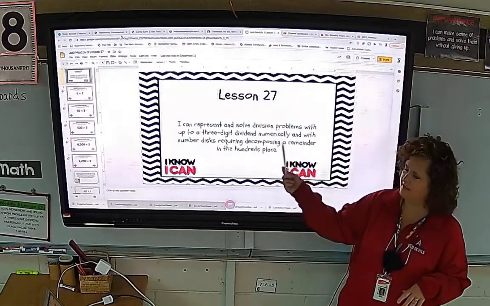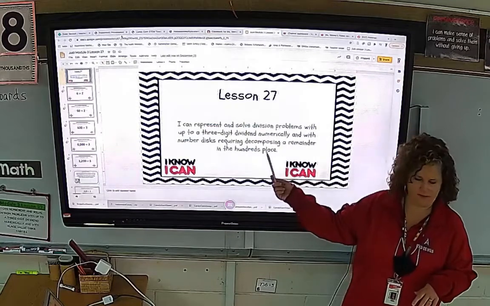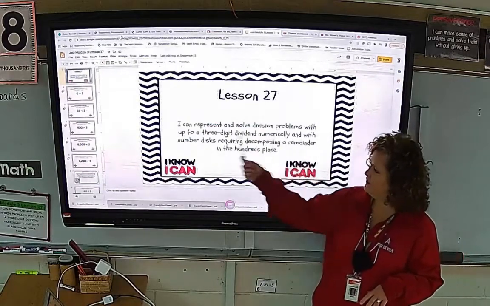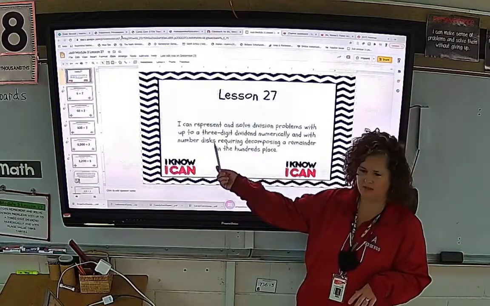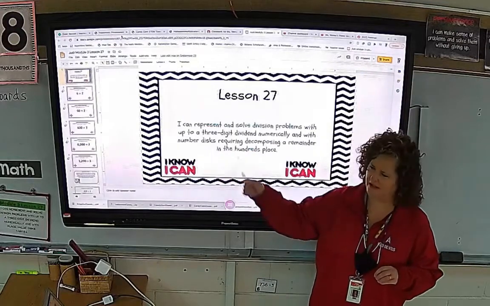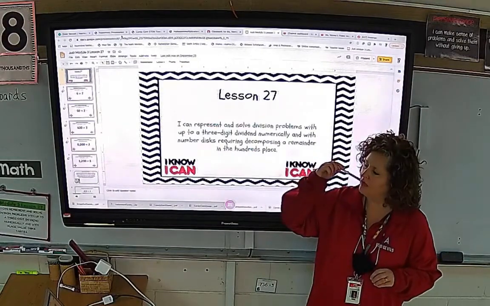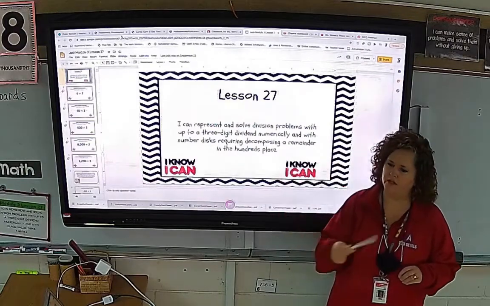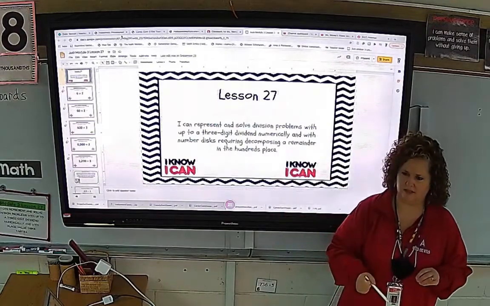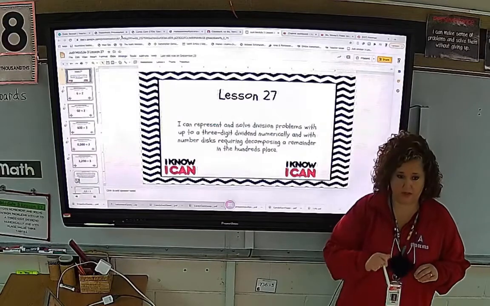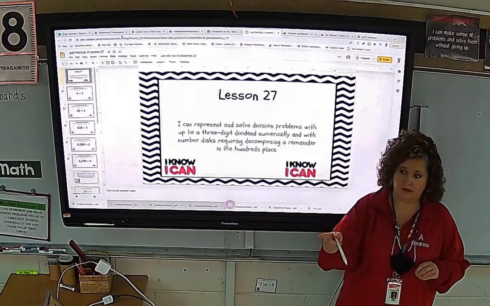Numerically, that just means the standard algorithm way that we've been doing. And with number discs. What are they talking about when they bring up discs? Dots and discs, but where do we use those? Sometimes on the number line, but mainly where?